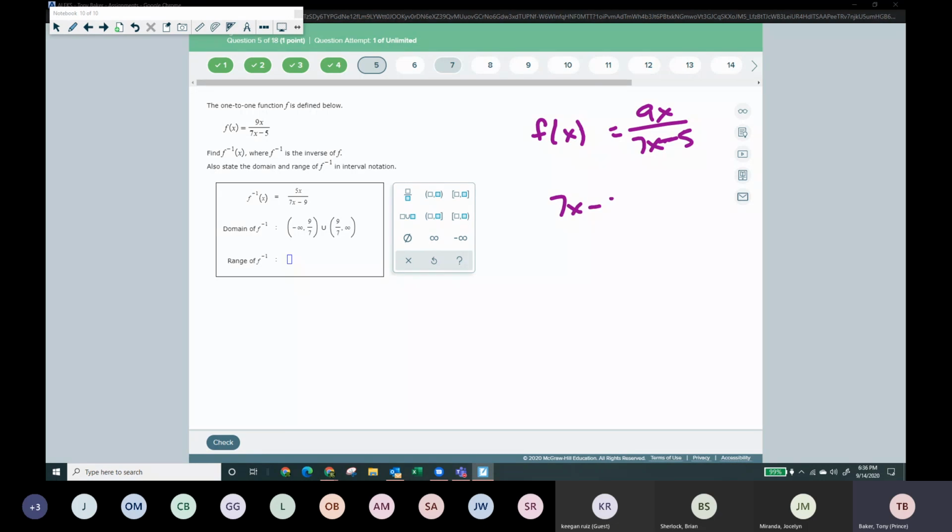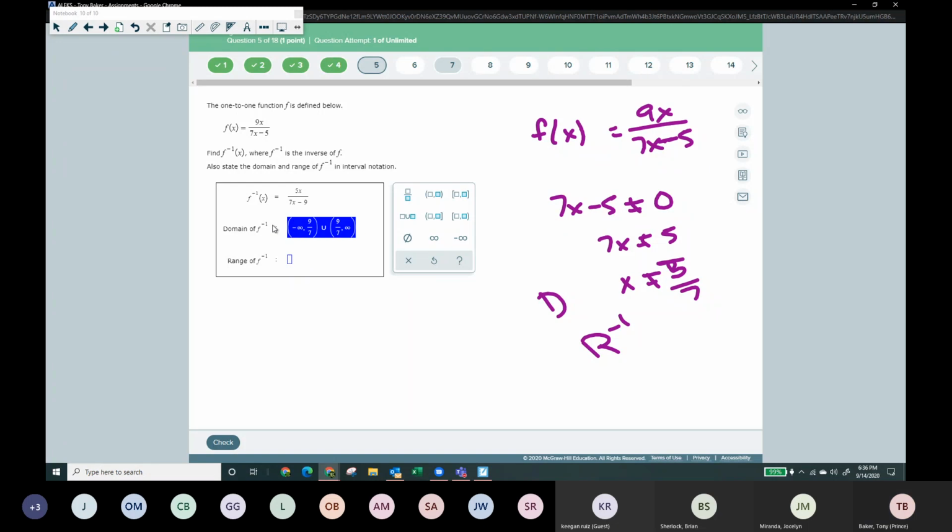So 7x minus 5 cannot equal 0, so x cannot equal 5/7. And that's the domain of my original function and the range of my inverse, because they switch directions. So I'm actually going to copy paste this, just change the number.